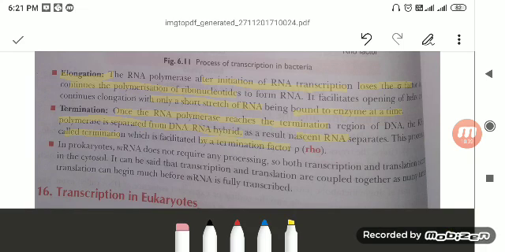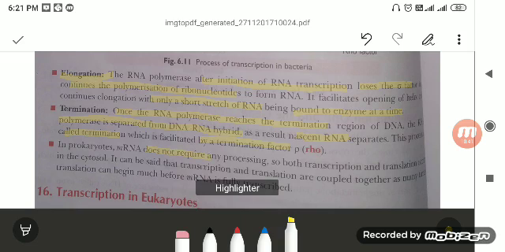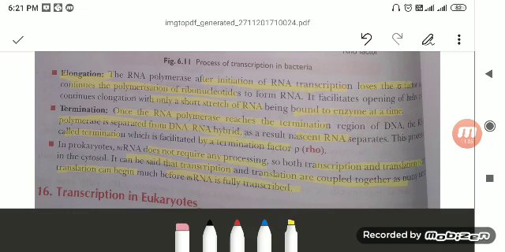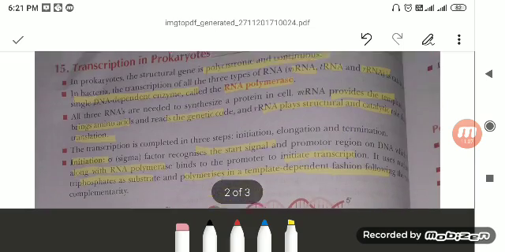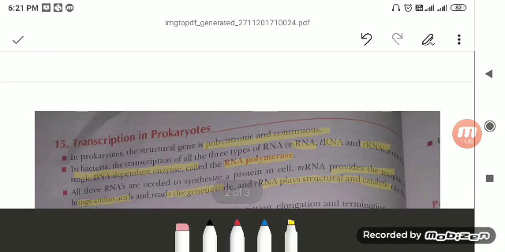So in prokaryotes, mRNA does not require any processing because it is functional. Both transcription and translation occur in the cytosol, in the cytoplasm. It can be said that transcription and translation are coupled together, as many times translation can begin much before the mRNA is fully transcribed. In the prokaryotes, the structural gene is polycistronic and continuous.